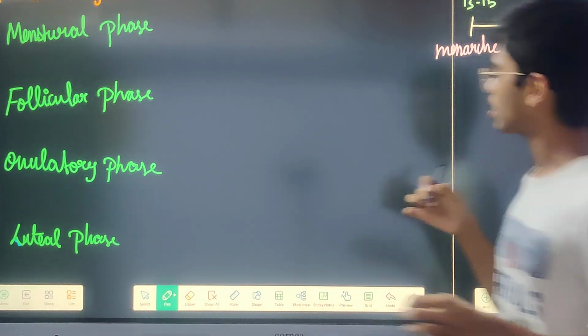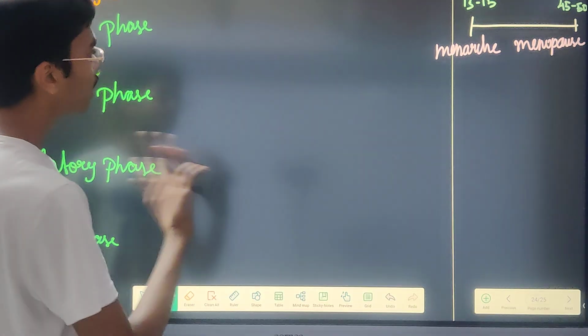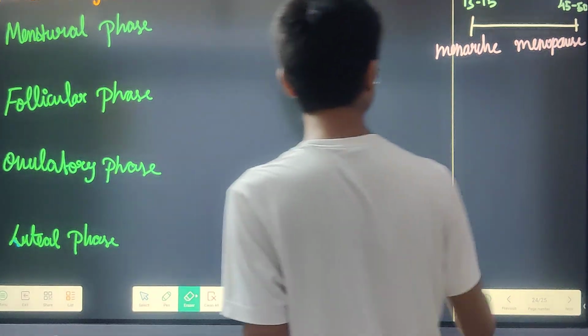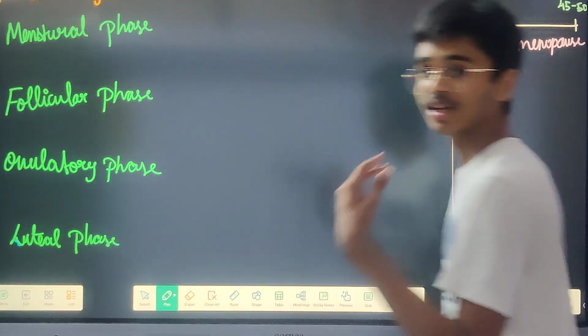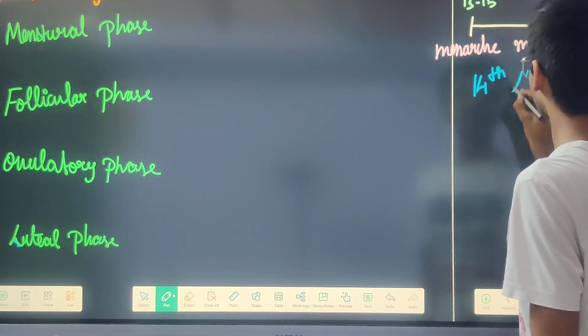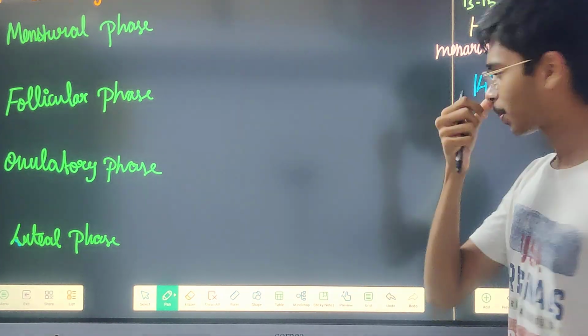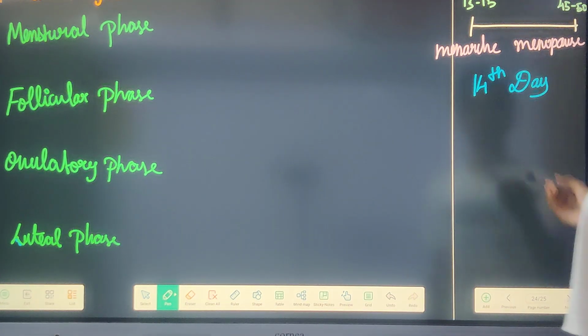Then also one more thing, exactly on the 14th day only ovulation will be happening.